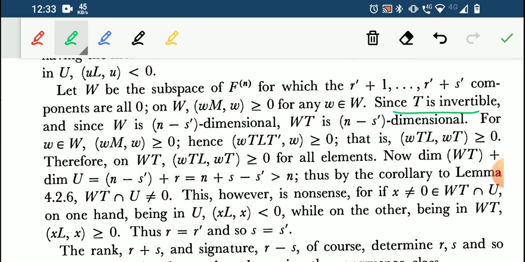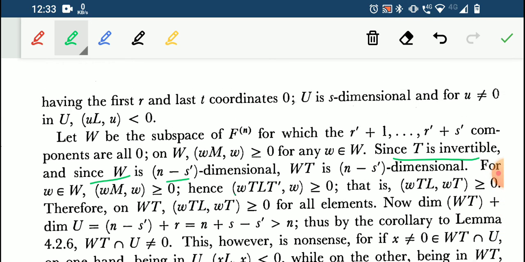Now since T is invertible and since W is of n minus s' dimension, how? If you see here, how many elements are there? s elements are 0, and the rest are all non-zero terms. The total number of terms is n, since this is an n-tuple, because F power n is there.